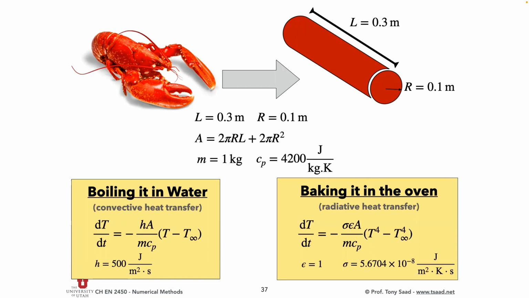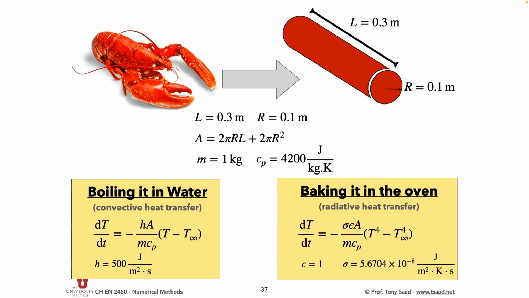So I'm doing this now to get you to actually solve an ODE in Python, and then we'll look under the hood at what's going on. So now the question is, we want to solve these two problems and figure out which one is going to be a faster way of cooking. We have a few parameters we can play with. We have H, the heat transfer coefficient.